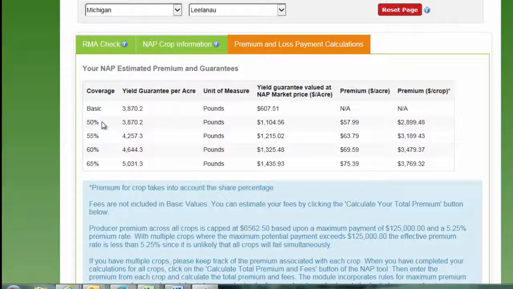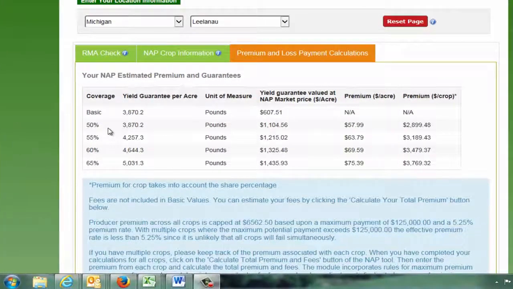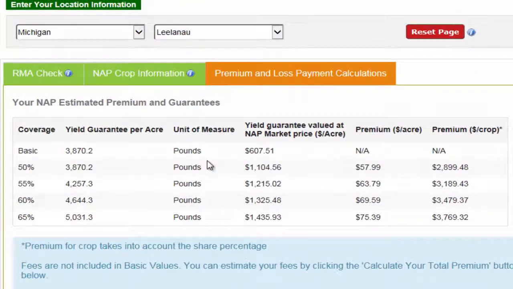Then we have our 50% coverage. So 50% of our approved yield is 3,870.2 pounds. You multiply that times the market price, which is just under 29 cents here, and you have a yield guaranteed value at the market price of $1,104.56.